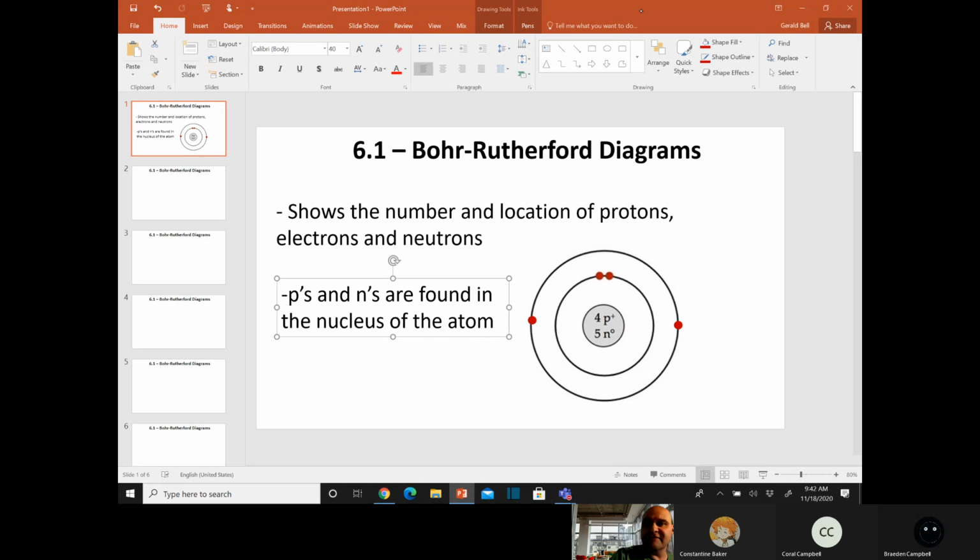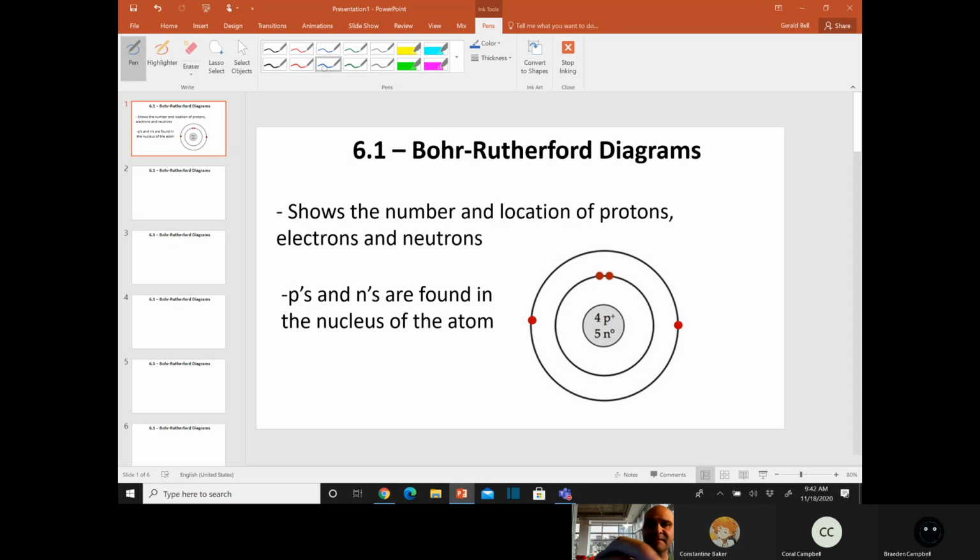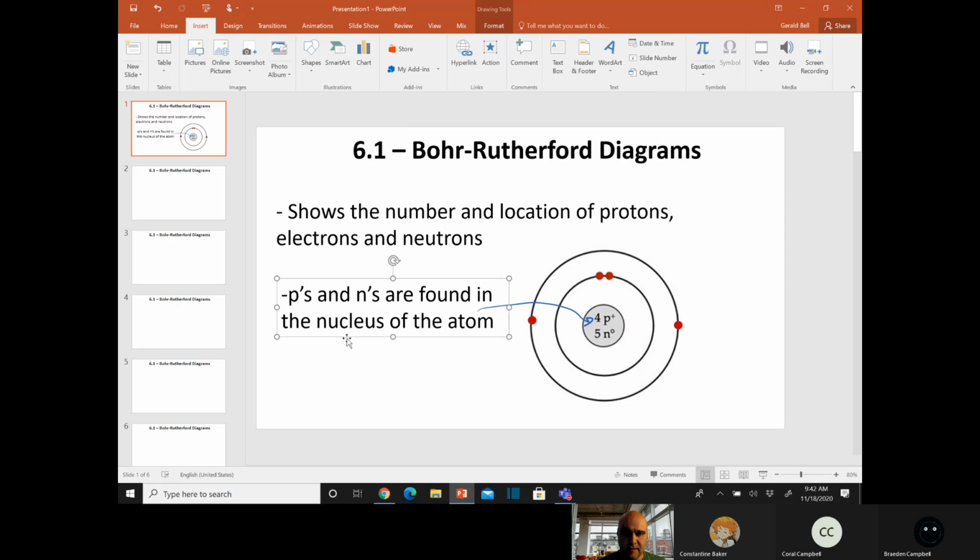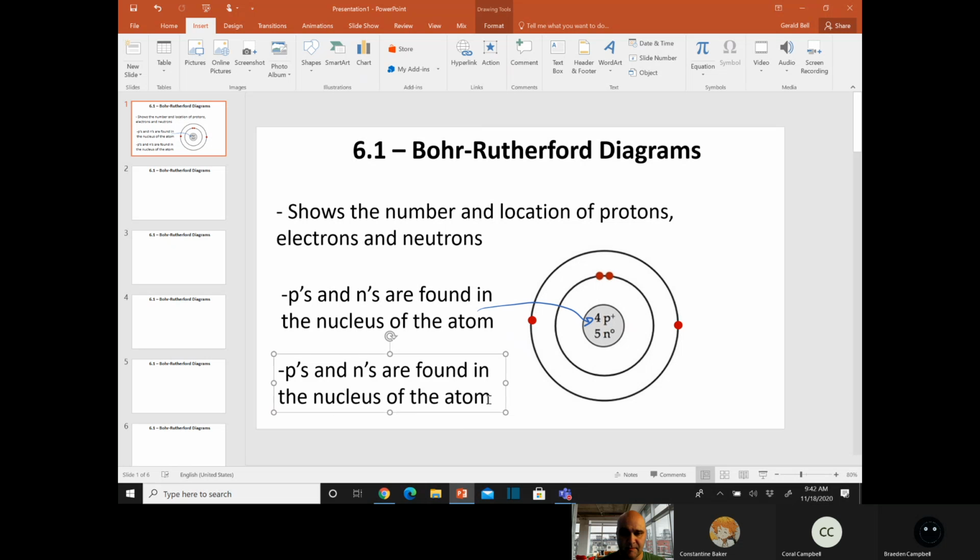So feel free to draw yourself a little arrow or something to there. And E's are found, electrons are found in E shells, electron shells.